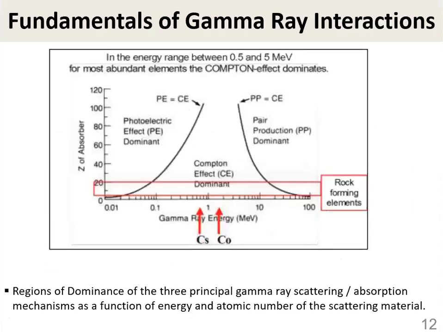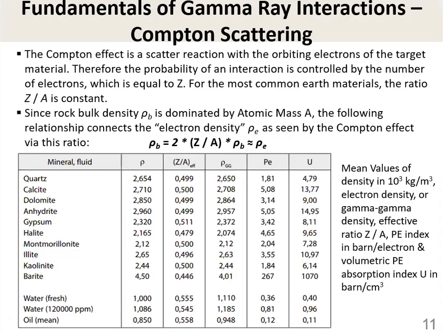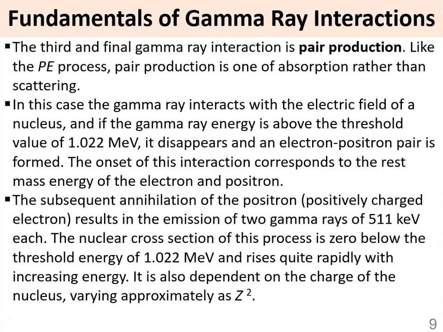For time and importance, I wouldn't discuss pair production in detail, but just for completeness, what happens is that the gamma ray energy is incident on the material, and it's all absorbed, and then instead of just an electron being ejected, an electron-positron pair is formed.